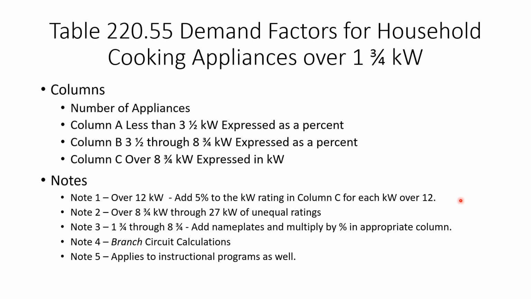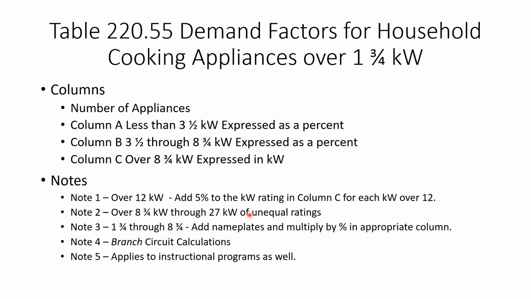Now, since it is a 14 kilowatt appliance, it's 2 kilowatts over 12. So we're going to increase that 8 by 10%. 2 times 5%, 10%. So we take 8 plus 10%, and it would be 8.8. All right, and we're going to do some more of that. So if you didn't quite follow that, that's fine.